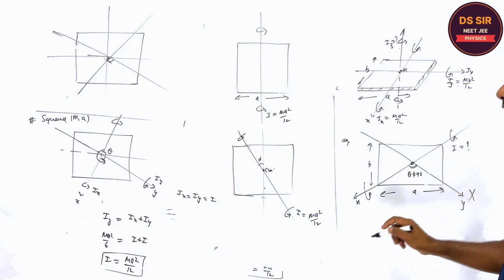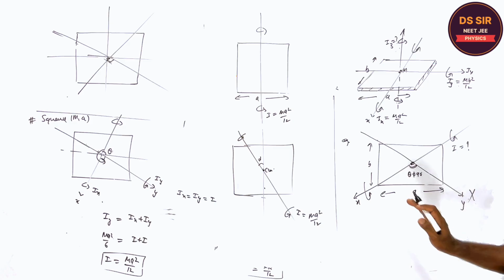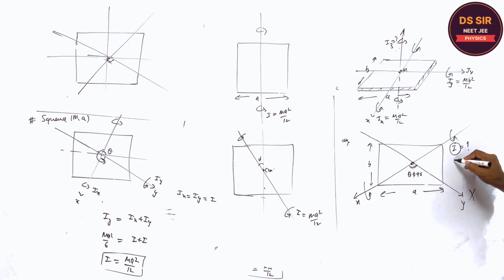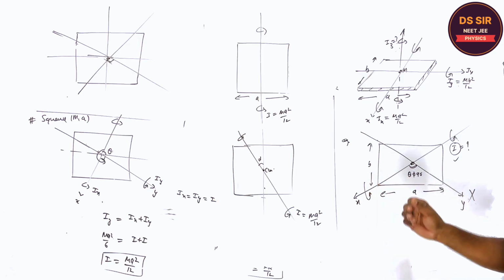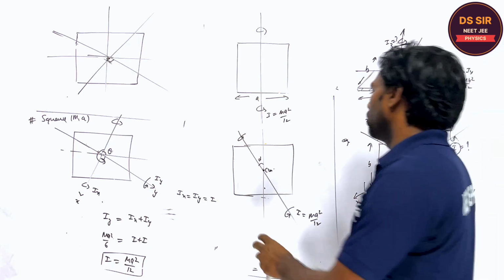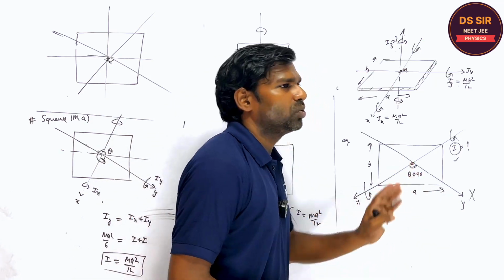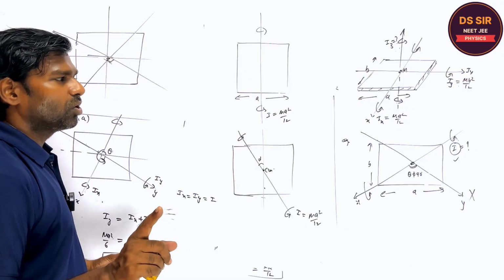So here, in the same way as we did for the square, we cannot apply the perpendicular axis theorem. We have to find the moment of inertia about this diagonal, and we will do it later, because today I want to teach you the theorem of parallel axis. But it is not like that Ix plus Iy is equal to Iz. Do you understand this thing or not?